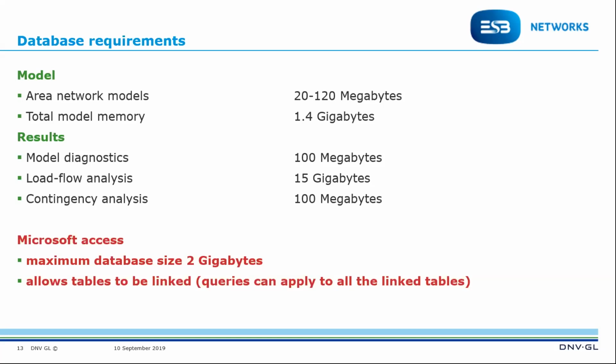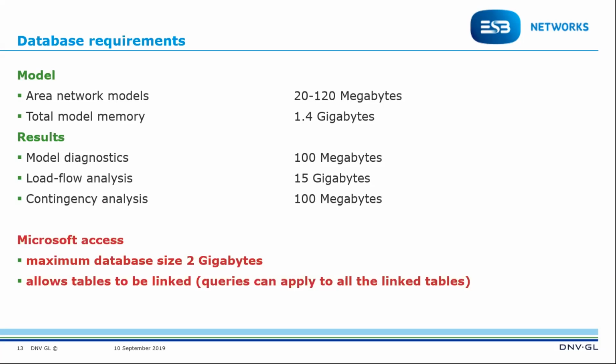So the total model memory required, if we were to combine all of those into one model, would be about 1.4 gigabytes, which is big for Access terms, but it's within the maximum size of a database for Access. I think the limit's 2 gigabytes. But the model diagnostics and contingency analysis results, Access will eat quite easily, because it's only 100 megabytes for each of those studies.